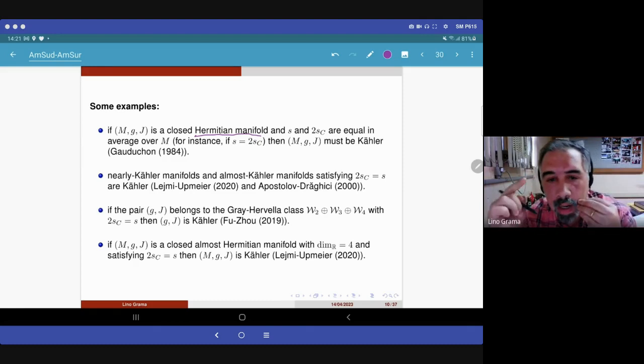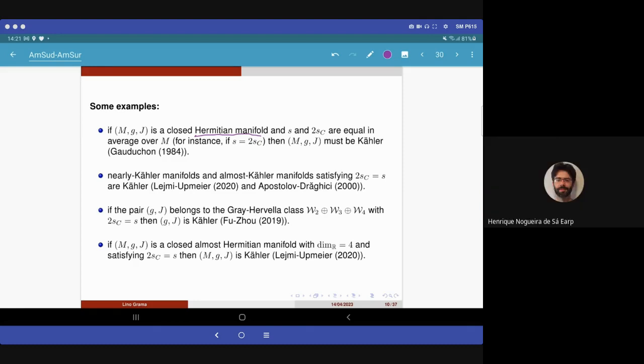If you start with the complex structure, this is the point. Okay. So remind me, Hermitian here is integrable. Okay, that's fine. Thank you, that's good. Yeah. Okay.